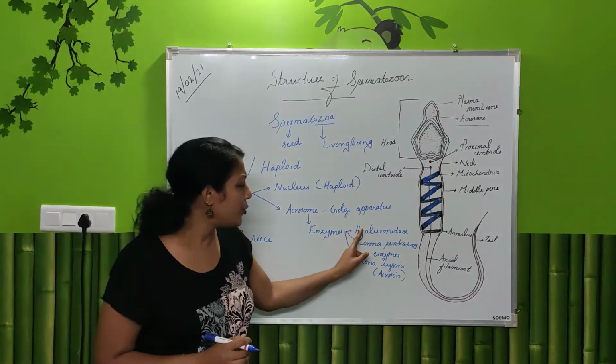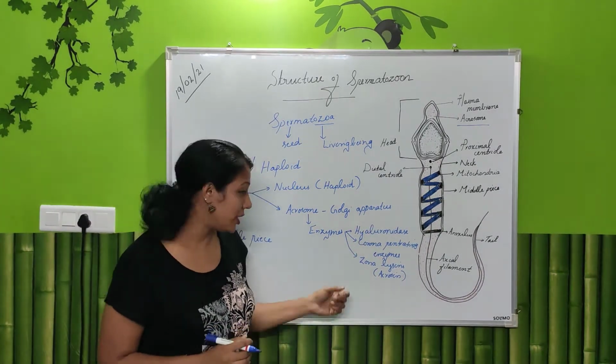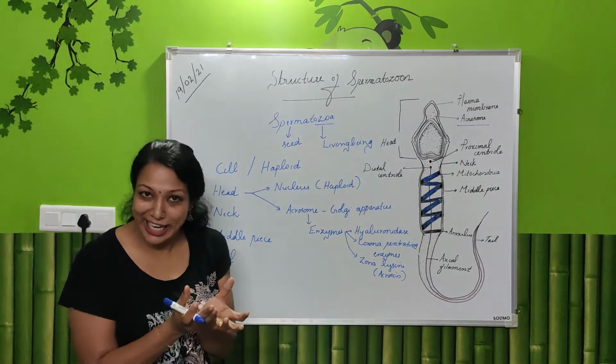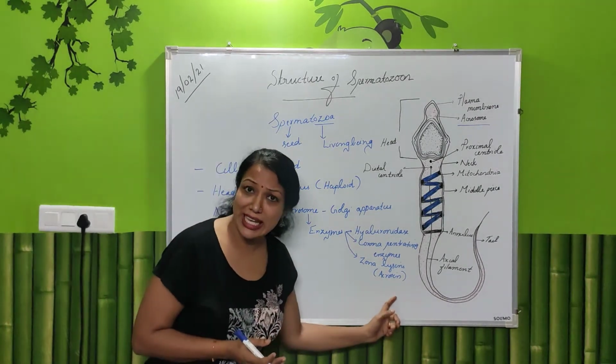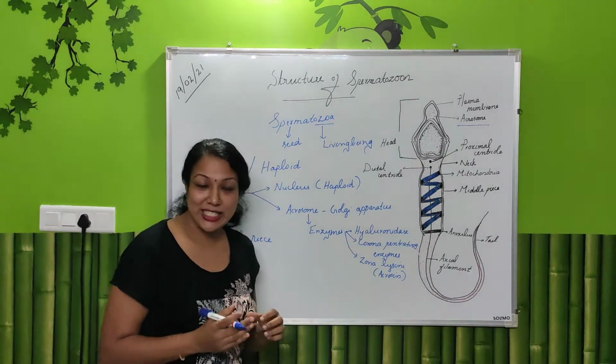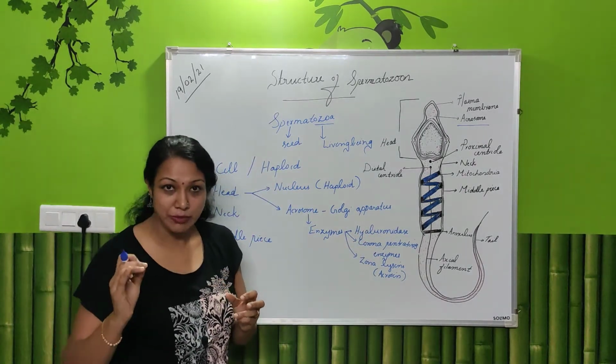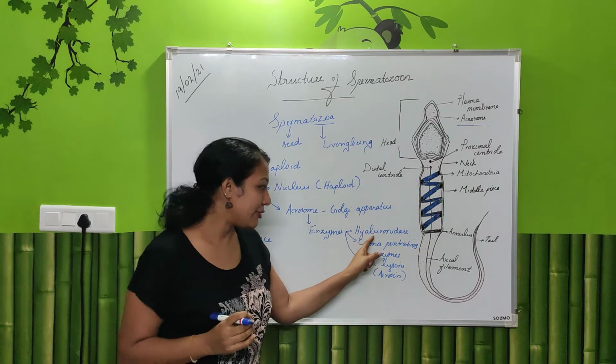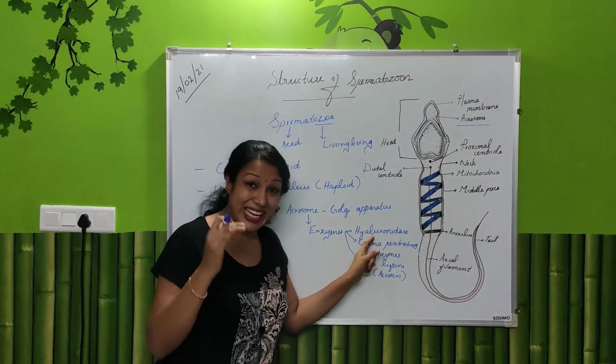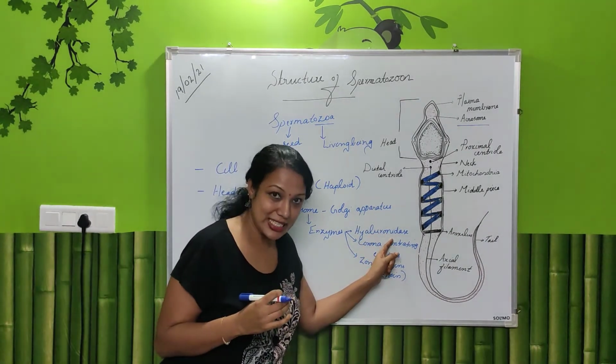Now you don't have to by-heart these names. You know the layers of the egg, and based on that only we are naming these enzymes. Hyaluronidase, because the egg possesses some connective tissue cells outside that will be lysed with the help of the hyaluronidase enzyme.